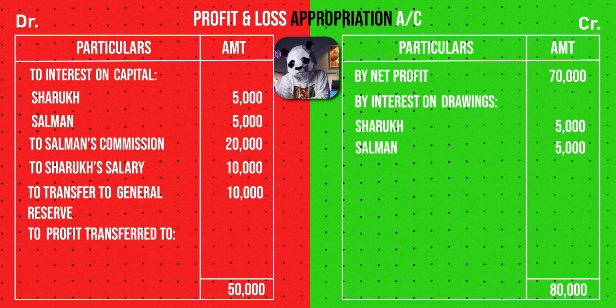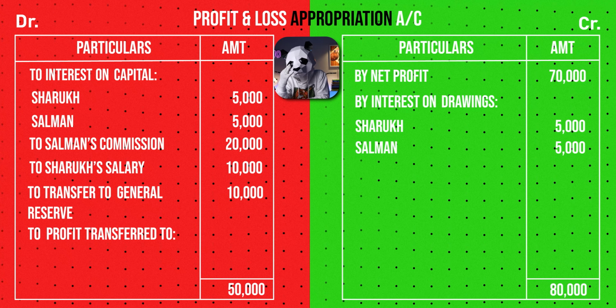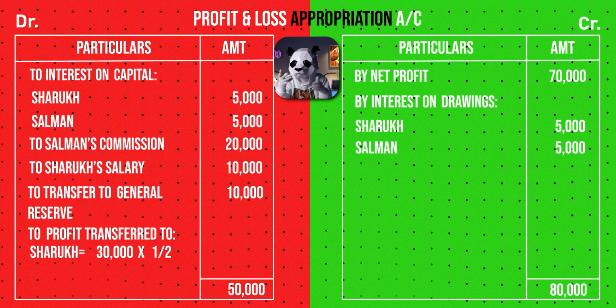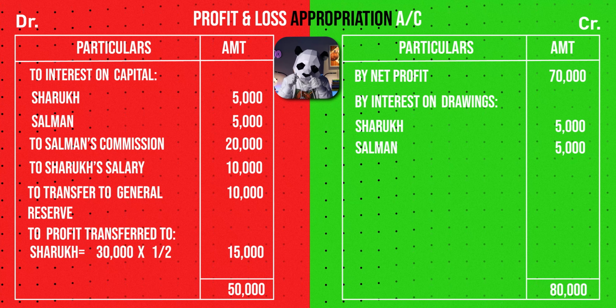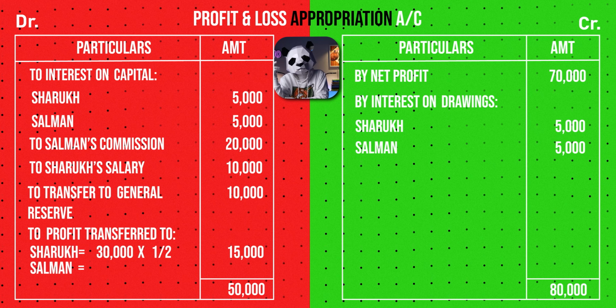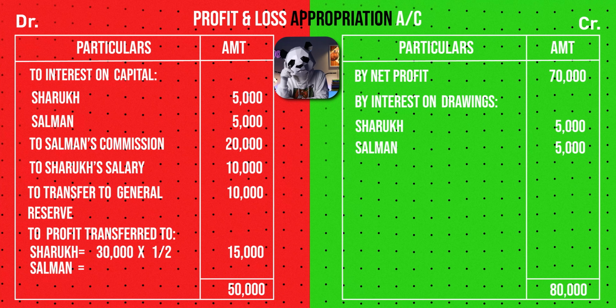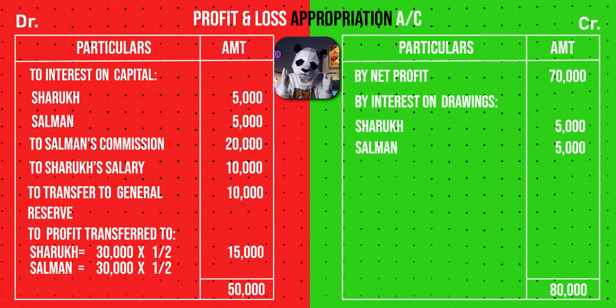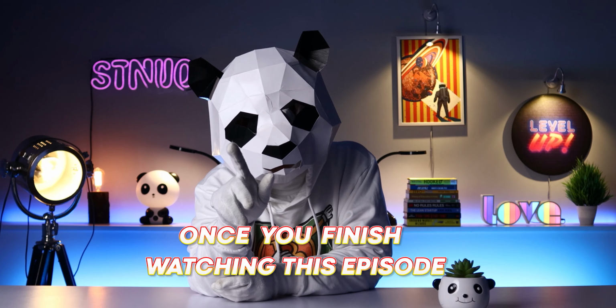Since the divisible profit that we have is 30,000 rupees, Shah Rukh's share of profit will be 30,000 into 1/2, which is 15,000 rupees. Just like that, Salman's share of profit will be 30,000 into 1/2, which is also 15,000 rupees. And to understand more on how to calculate and use these ratios, check out episode number 2 here once you finish watching this episode.